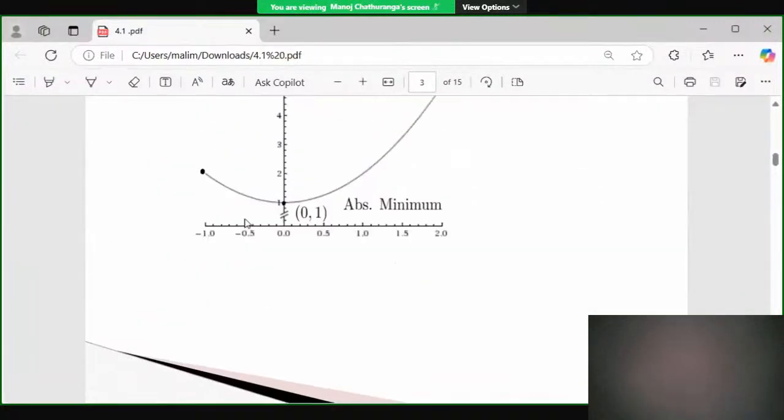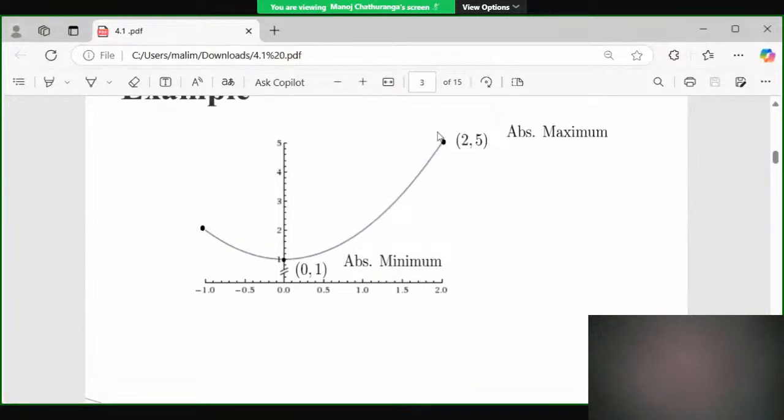Now, in this graph, we can see the domain of the function is from -1 to 2. Those are the possible input values, possible x values. If you think about possible outputs, they range from 2 to 5.